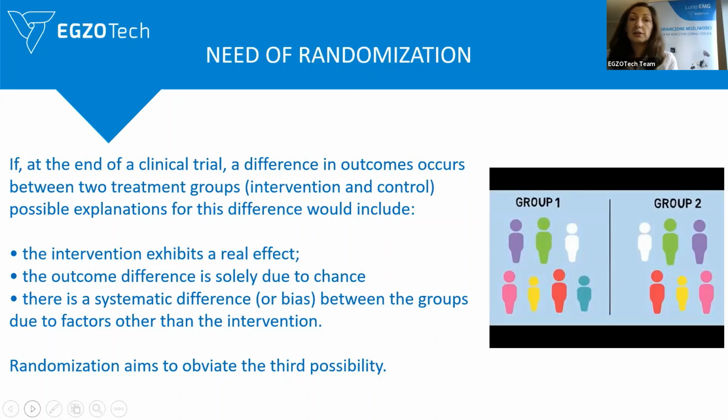Here, randomization aims to obviate the third possibility, if there is any difference or bias.